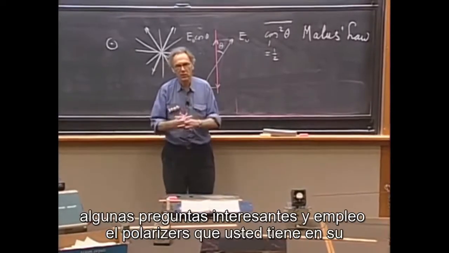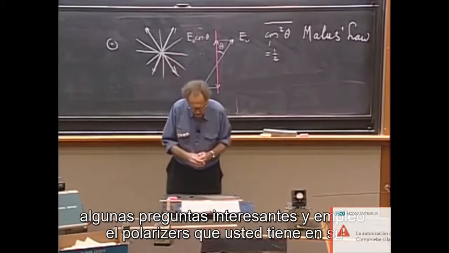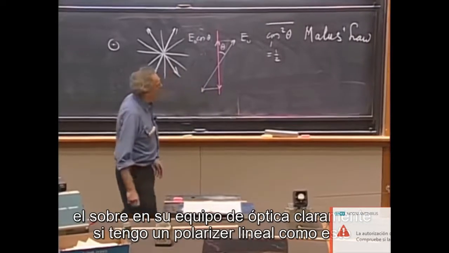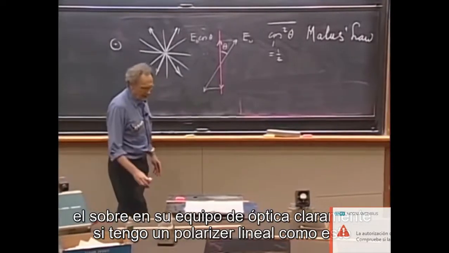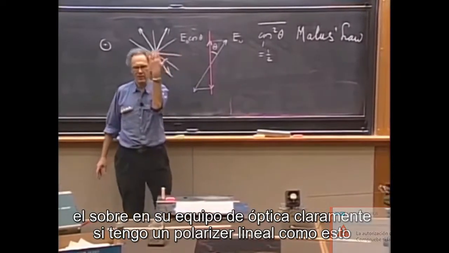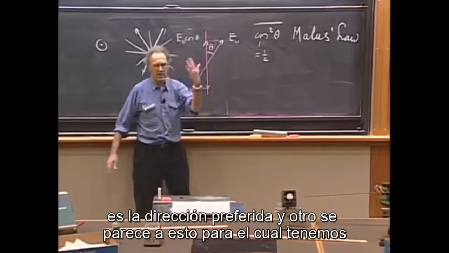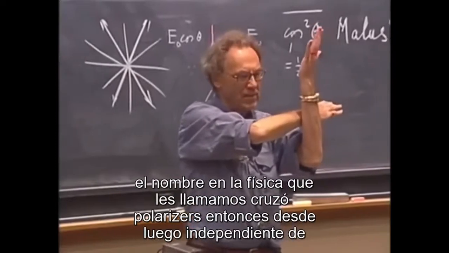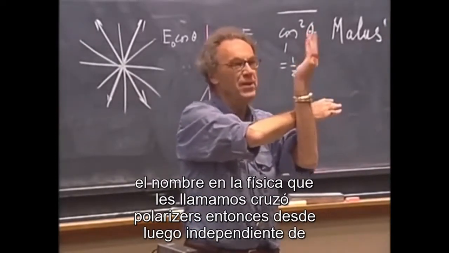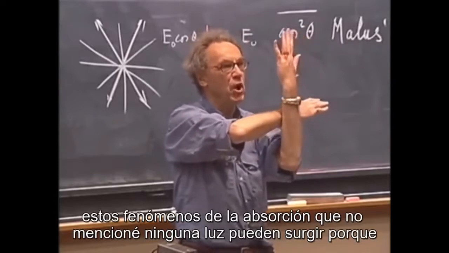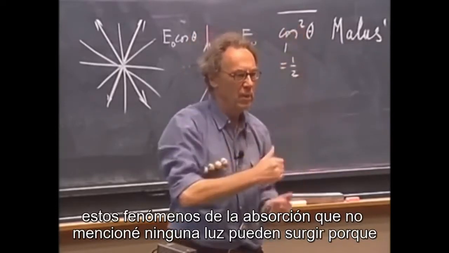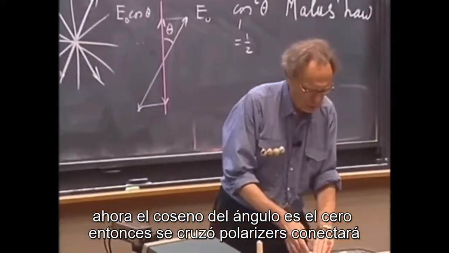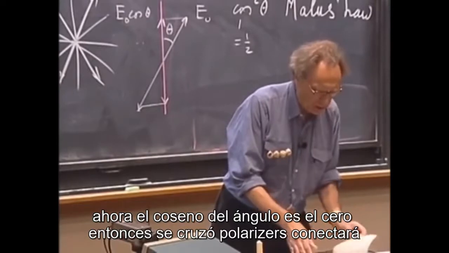And in problem set number 7, you will be able to answer some interesting questions and use the polarizers that you have in your envelope, in your optics kit. Clearly, if I have one linear polarizer like this is the preferred direction, and the other one is like this, for which we have a name in physics, we call them crossed polarizers, then of course, independent of this absorption phenomenon that I mentioned, no light can emerge, because now the cosine of the angle is 0.